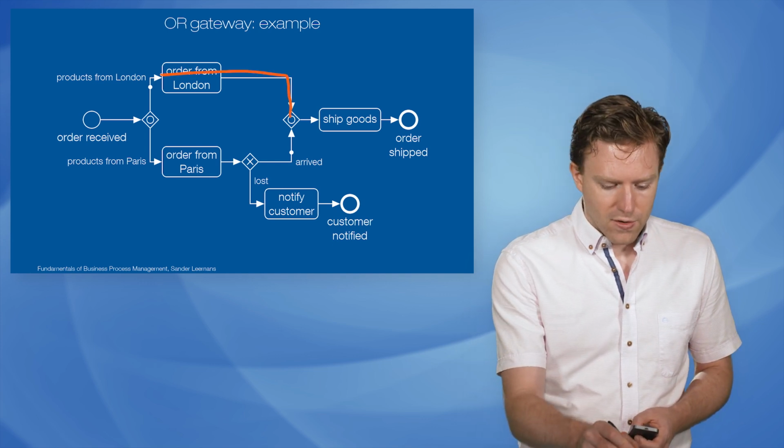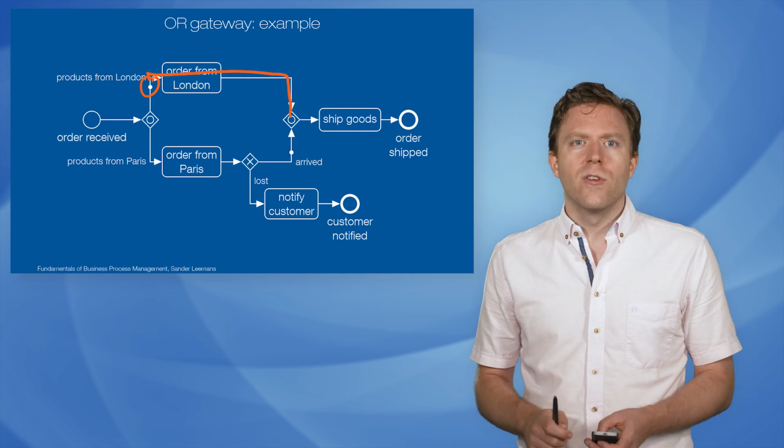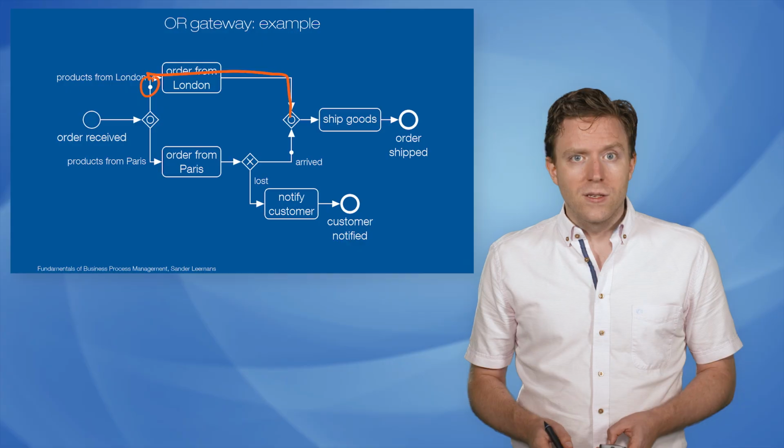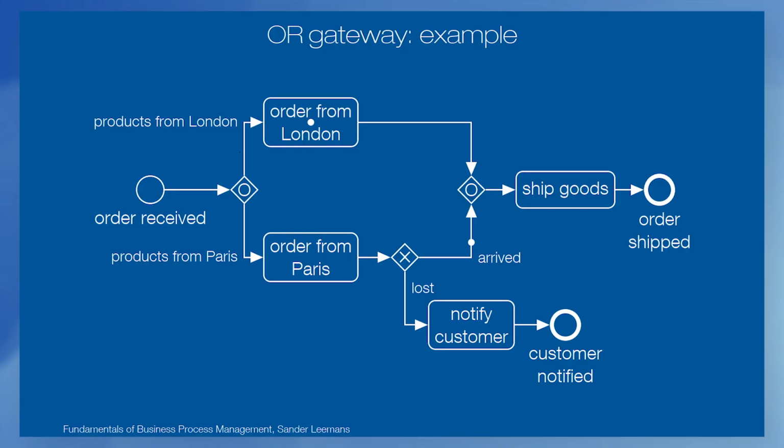Can a token still come? Here we have a token that can still come. So the OR join waits. The order is made in London, and then once that finishes, now the OR join has two tokens. There are no more tokens to wait for, so the OR join fires, eats up all the tokens and produces one token. Then the goods are shipped and we are done.